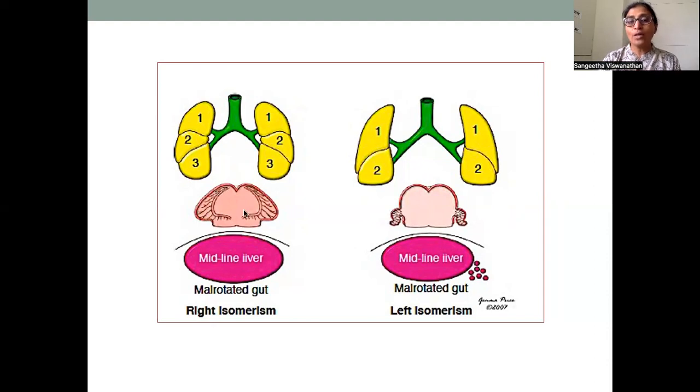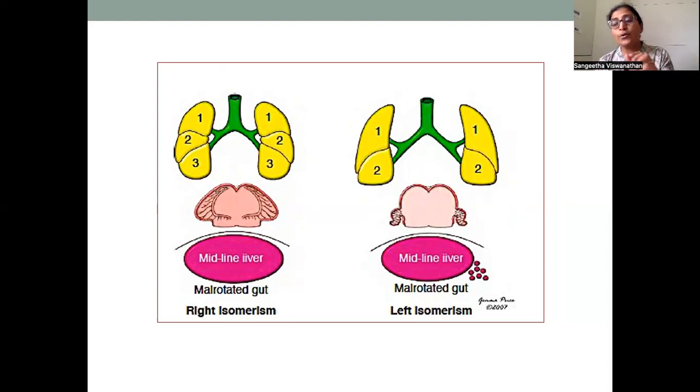Now, when you look at left atrial isomerism, you have 2 left lungs, 2 left bronchi, 2 left atria, again often a midline liver, malrotation once again being possible. And because there are two left sides, you have multiple spleens, often small spleens. So this is known as polysplenia.